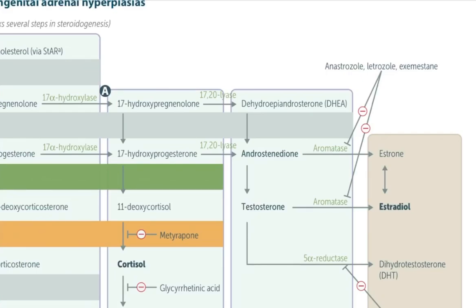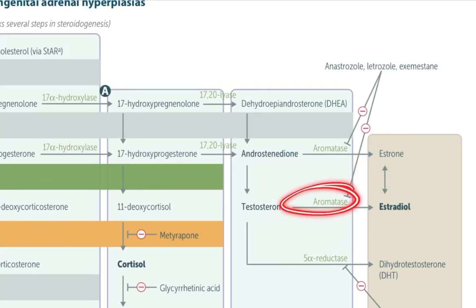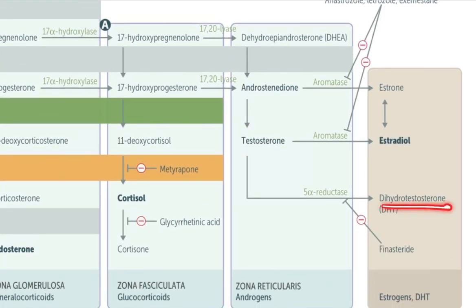Okay, so DHEA gets converted into androstenedione, which is either aromatized to estrone or converted to testosterone. This testosterone gets converted into estradiol by again an aromatization reaction. Testosterone can also be converted to dihydrotestosterone by 5-alpha reductase. It is inhibited by a drug called finasteride.